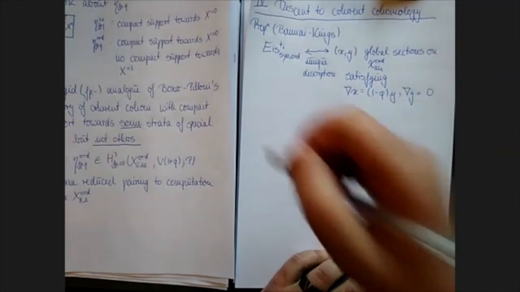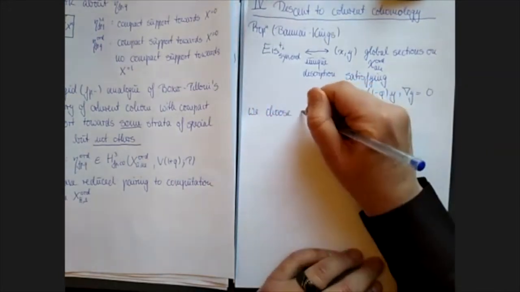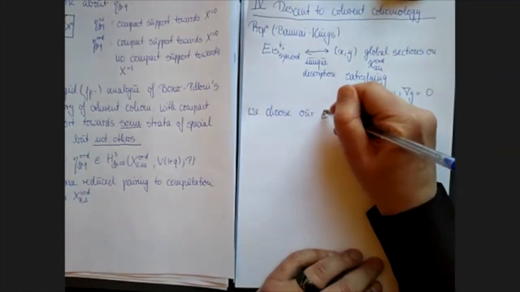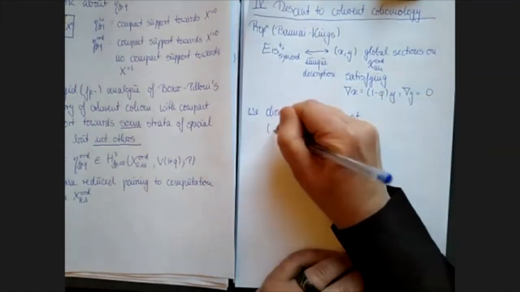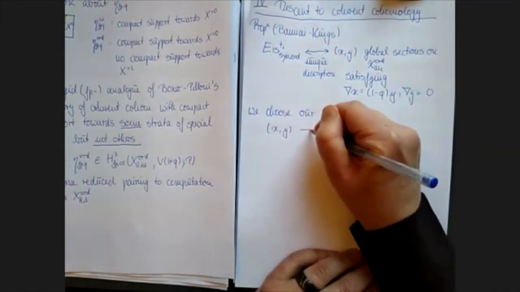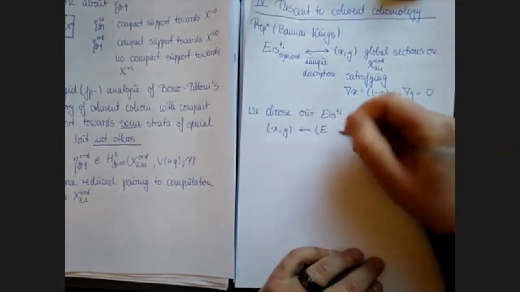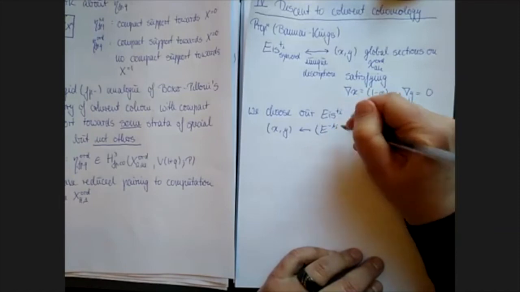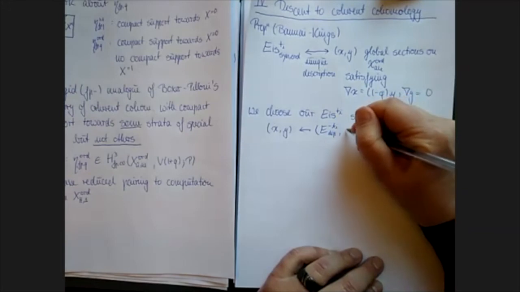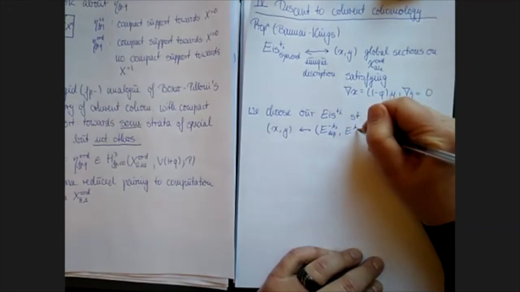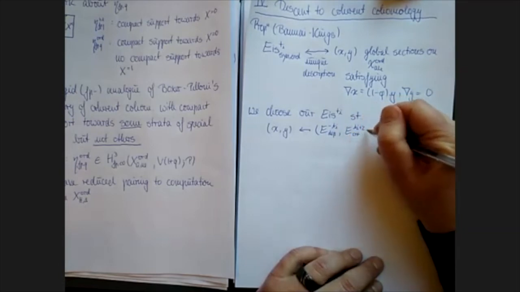So we choose our Eisenstein class such that the pair x and y correspond to an Eisenstein class of weight minus t_i, which is p-depleted, and a class of weight t_i plus 2, which is critical slope.